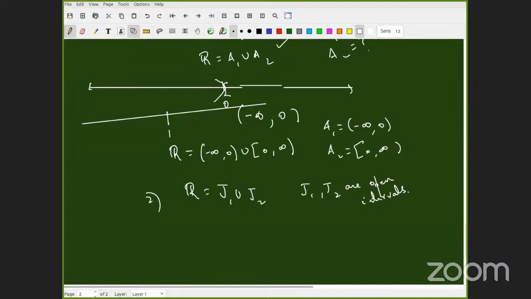I'll give you 10 more seconds. Yeah, Tangabandi, R1 Tangabandi. Let J1 be minus infinity to 1. Very good. J2 be 0, infinity. Very good. 0 comma infinity.